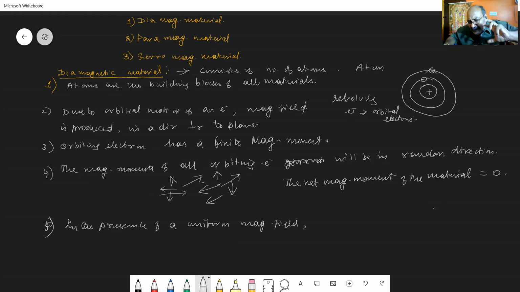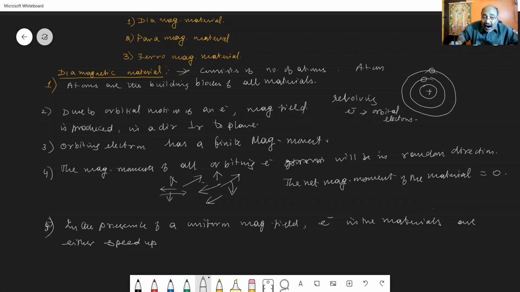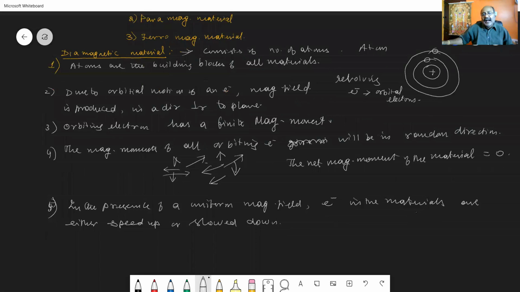In the presence of the uniform magnetic field, the electrons in the diamagnetic material are either speeded up or slowed down. So some of them are speeded up and some of them are slowed down.